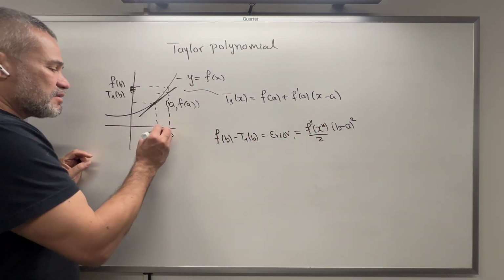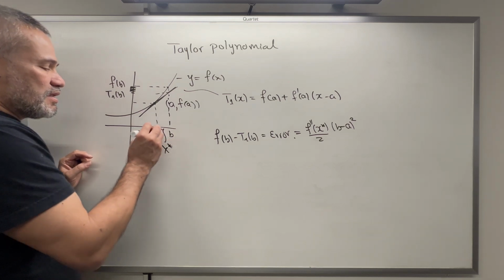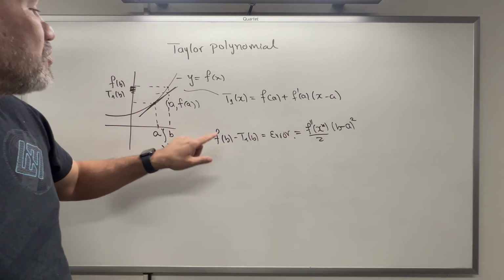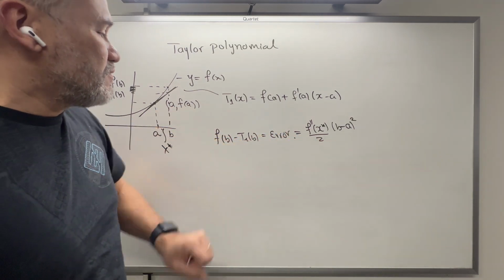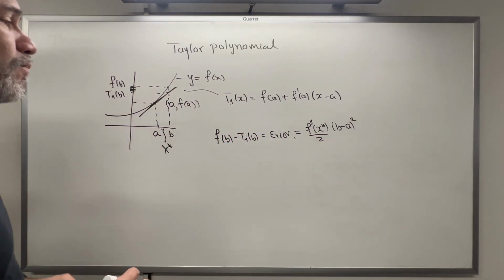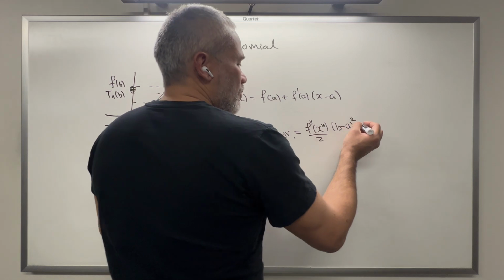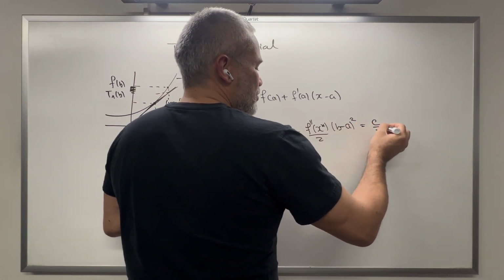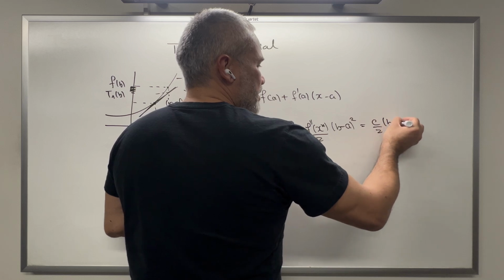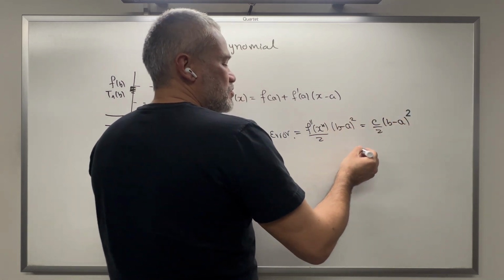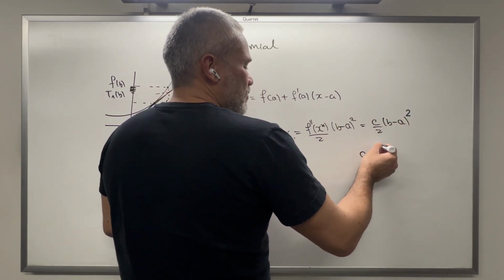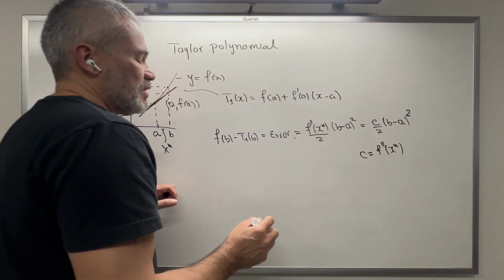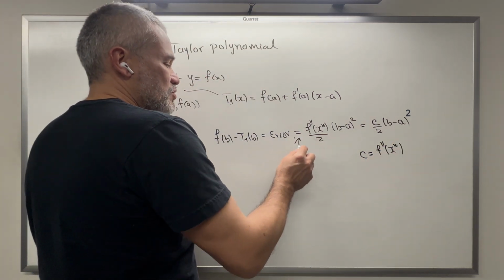That x star is a value between a and b, and this is something good to have, an error in this form. We're going to denote this error as c over 2 times b minus a squared, and we're going to show that c is equal to f double prime of x star. This is what we want to show.